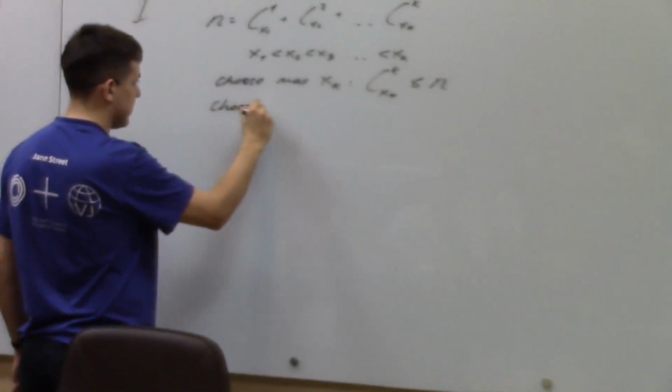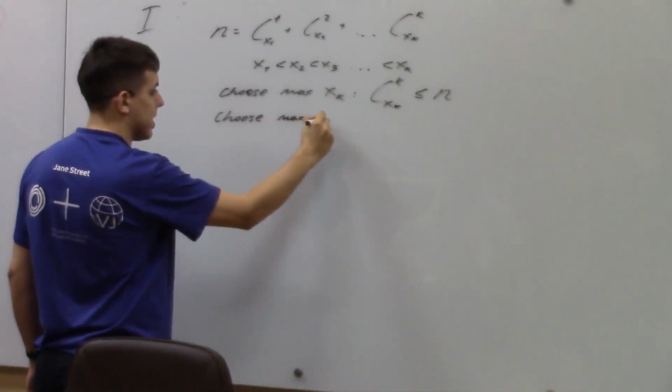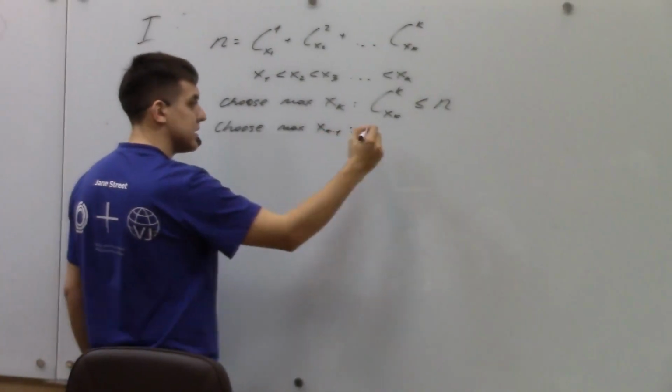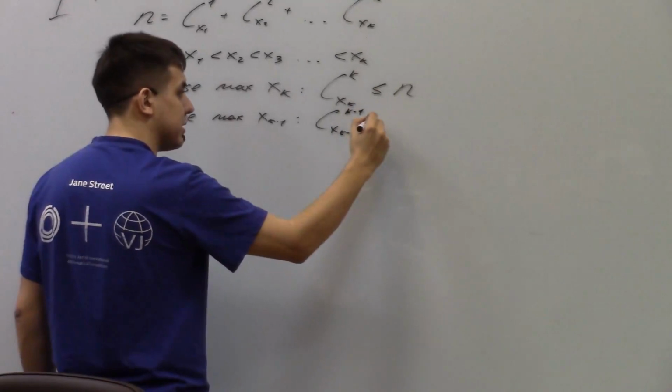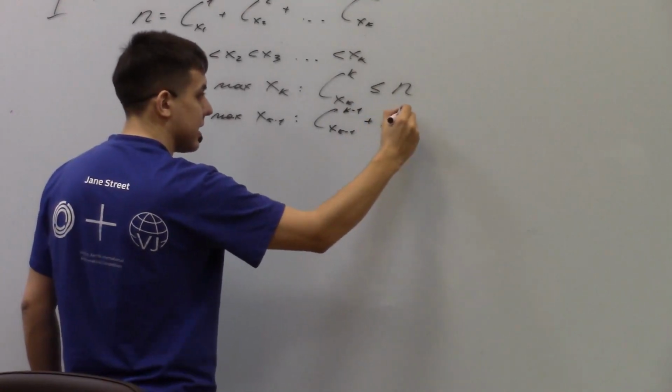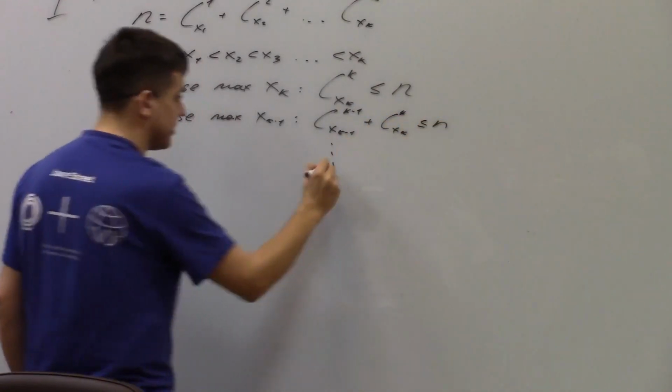Then I choose the maximum xk minus 1 such that xk minus 1 choose k minus 1 plus xk choose k is less than or equal to n, and so on.